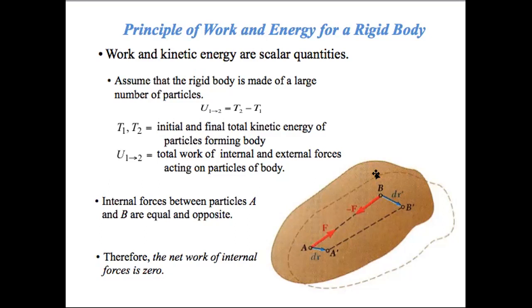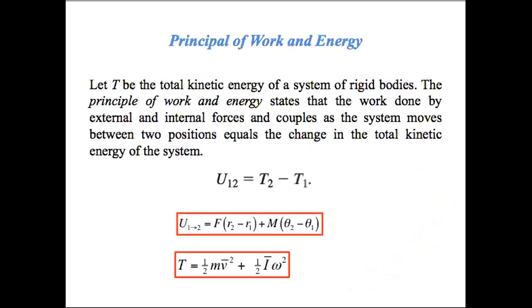Look at this figure. As you can see, the internal forces between particles A and B are equal and in opposite directions. Therefore, the net work of internal forces is zero. By this concept, we are going to talk about the principle of work and energy for a rigid body.